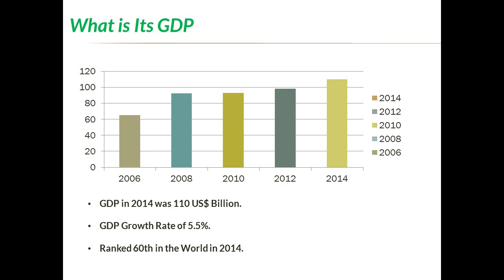However, this proved unsustainable and growth scaled back sharply to just 8.2% in the 80s and 8.9% in the 90s. Its GDP in 2014 was $110 billion, and the current growth rate is 5.5%. Nowadays, Moroccan GDP is ranked 60th in the world in 2014.